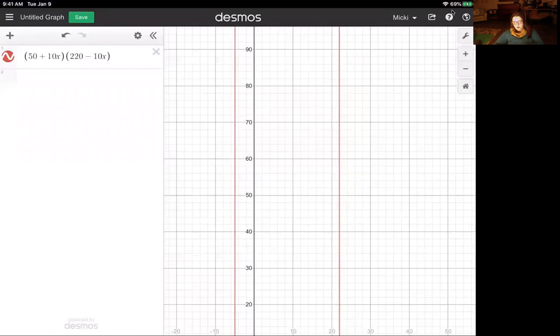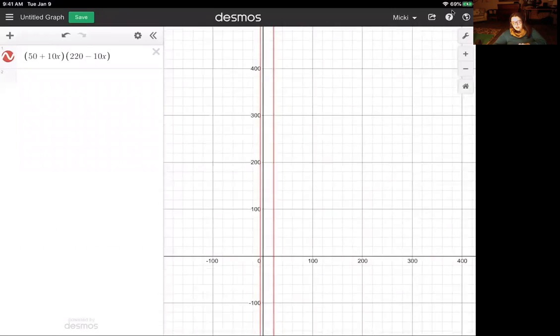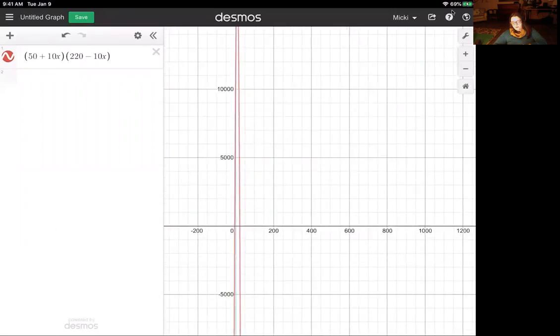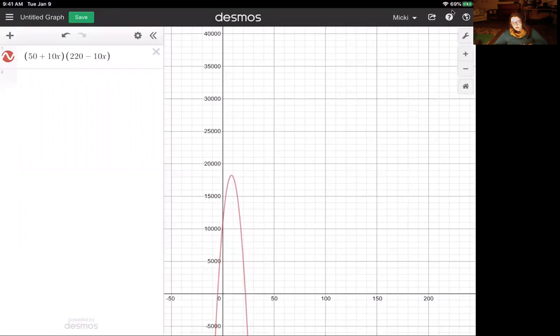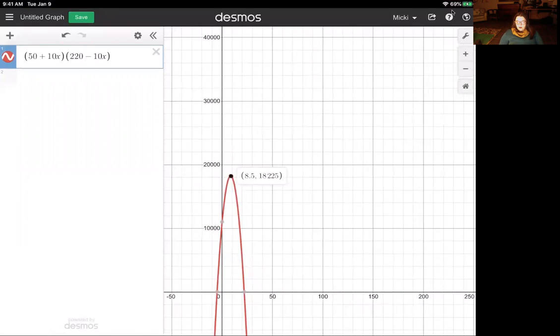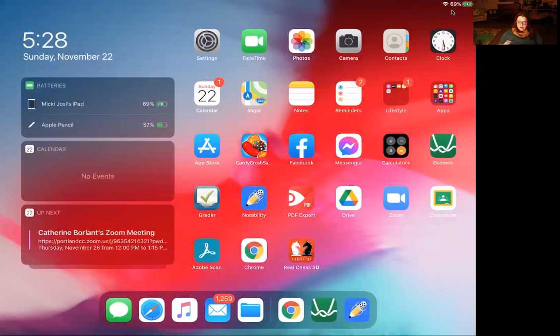This parabola is going to open downward because of the negative coefficient of x squared. So here's our maximum. Oh, good. So 8.5, 18,225 would be the maximum income.